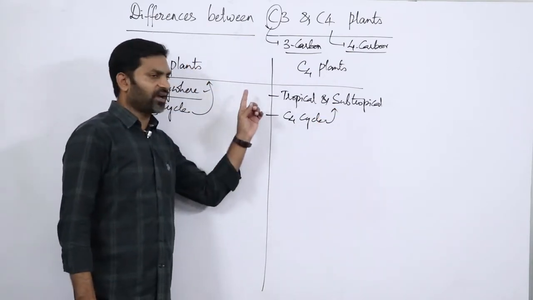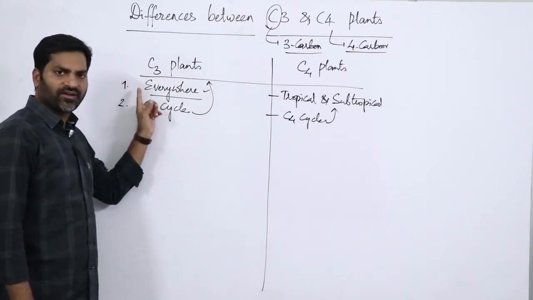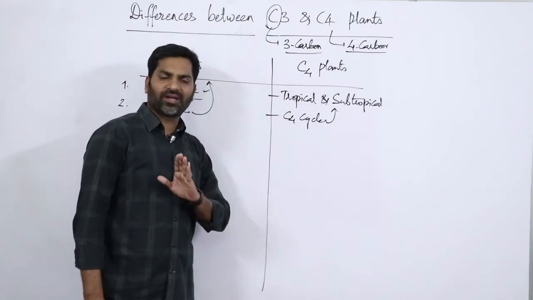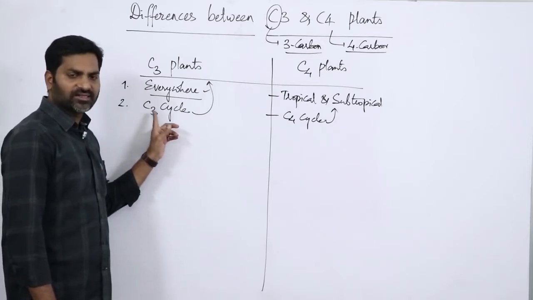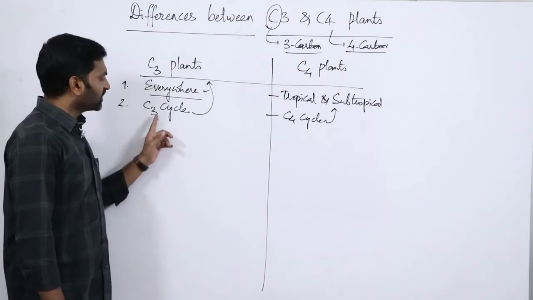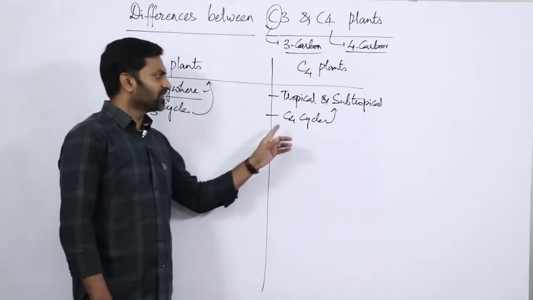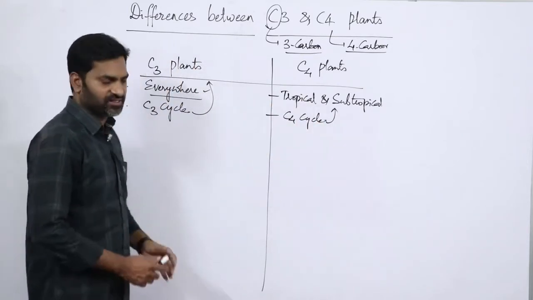The first difference is that C3 plants are grown everywhere across the world, while C4 plants are specific to tropical and subtropical regions. The C3 cycle I told you about in my last session; it occurs in C3 plants, and the C4 cycle takes place in C4 plants.